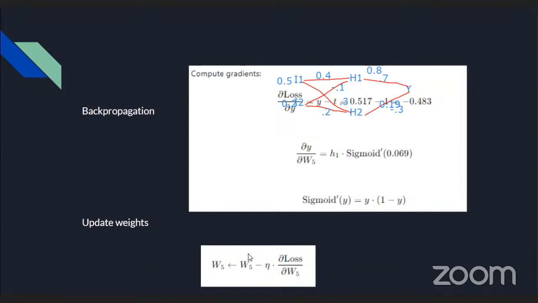Then whatever was the previous weight, that minus this will give the updated weight. So it goes back till this weight. This is how training happens actually, not just back propagation, right?